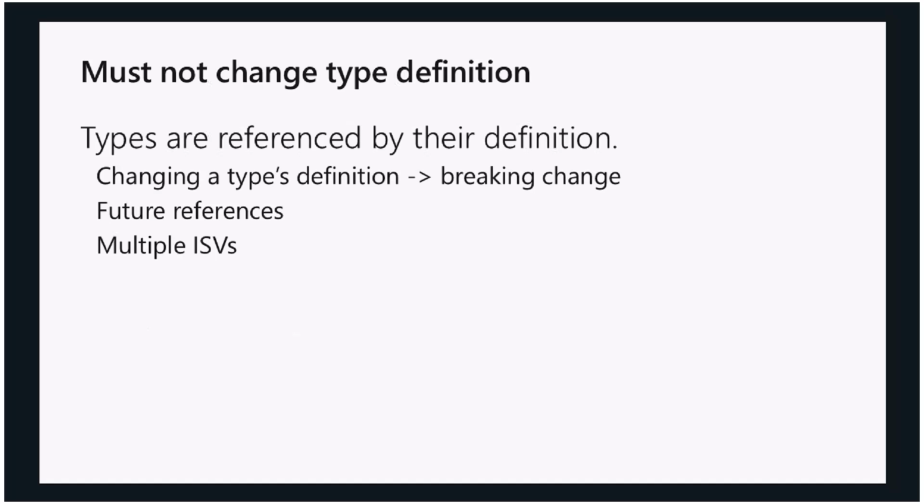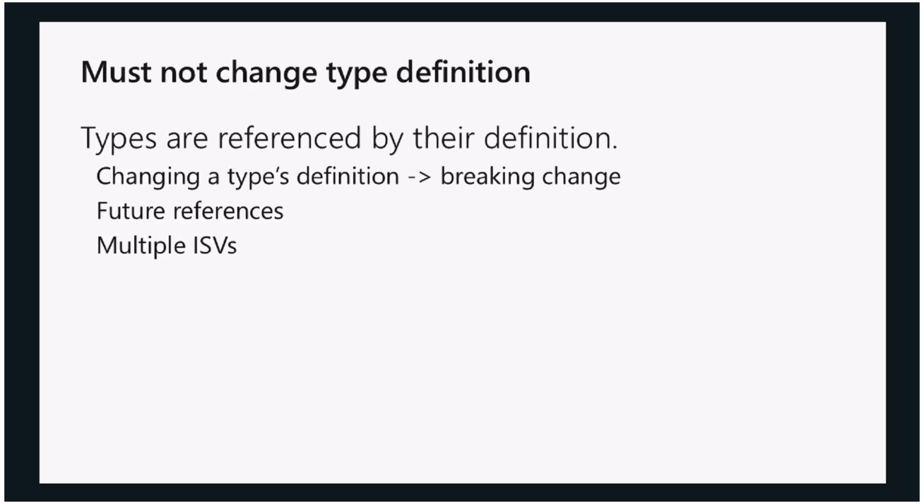So types themselves, such as classes or forms, are referenced by their definition, and changing a type's definition represents a breaking change to the code that might be relying on those types. And it's very difficult to support that in a world where we are updating the system more frequently, and we are demanding that we can support binary compatible versions moving forward.